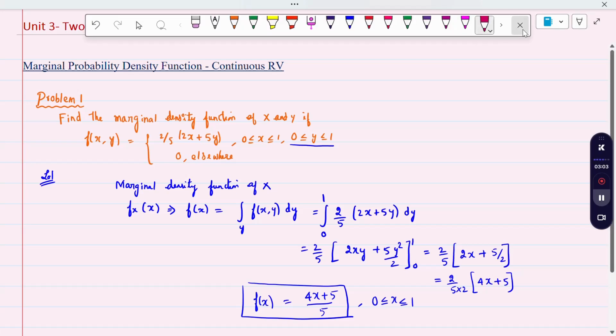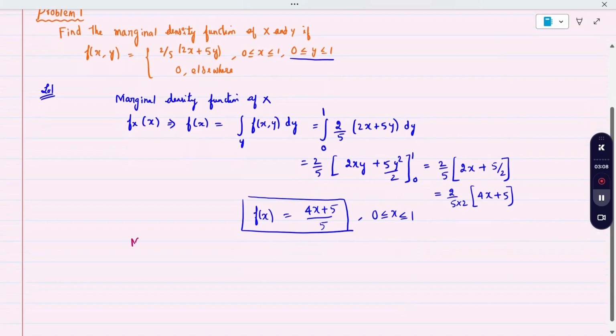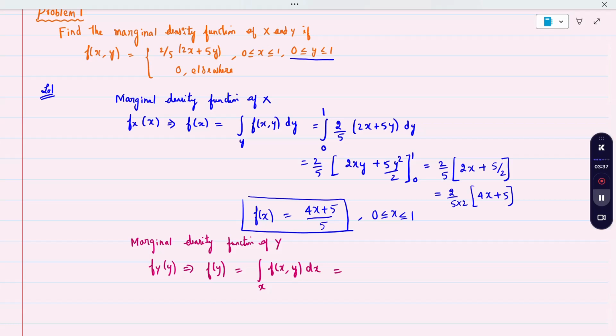So f_Y of y equals f of y, the integral over x of f of x comma y dx. Now the limit is carried with respect to x, so it is 0 to 1.